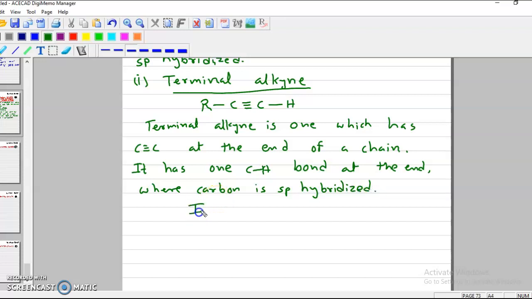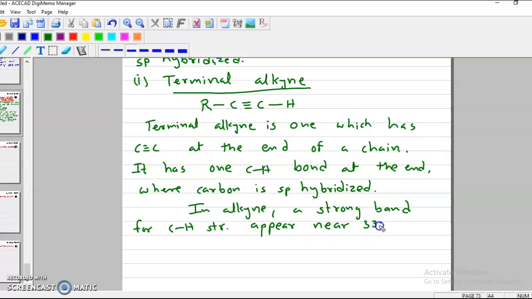In alkynes, a strong band for CH stretching appears near 3300 centimeter inverse frequency, and this band will normally be on the left hand side of alkene CH as well as alkane CH.